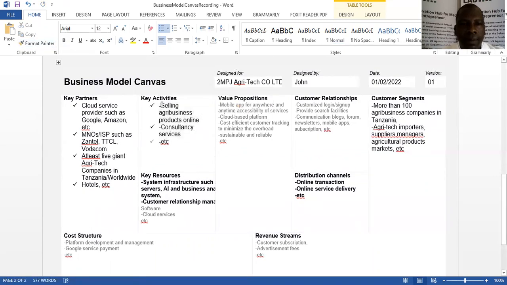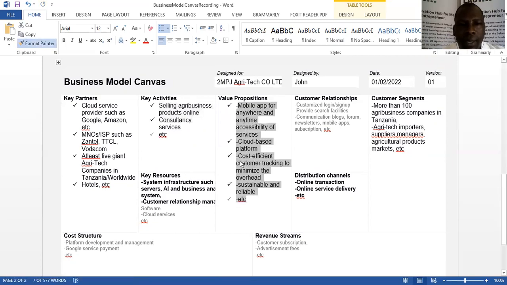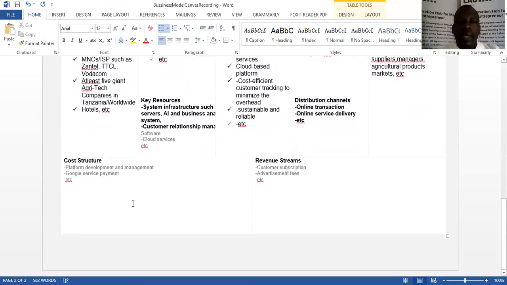Then this is how we can make it. In a few minutes, we format our business model. This is how we can develop a business model.